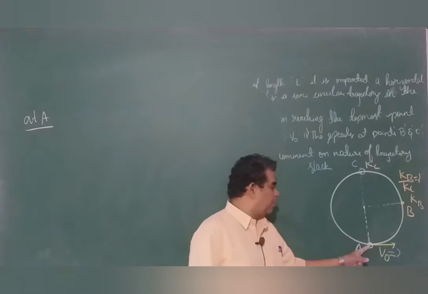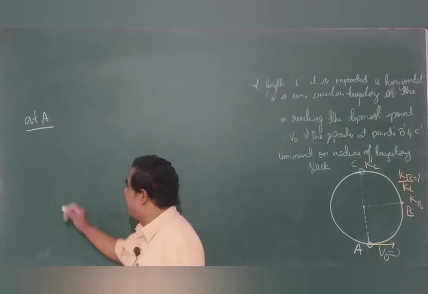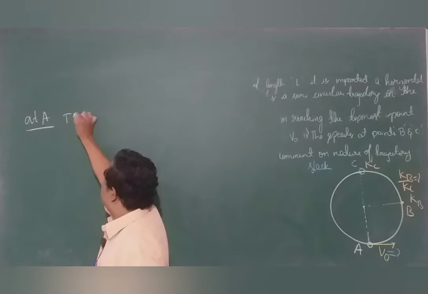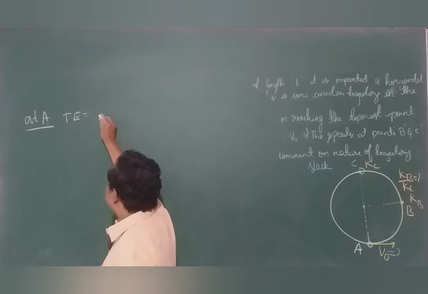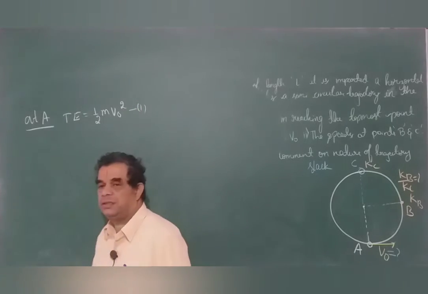So at A, the potential energy of the object is 0. Therefore at A, total energy, I write, it has kinetic energy only, half m v naught square. We call this equation 1.